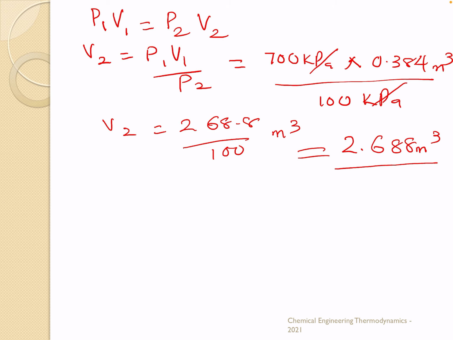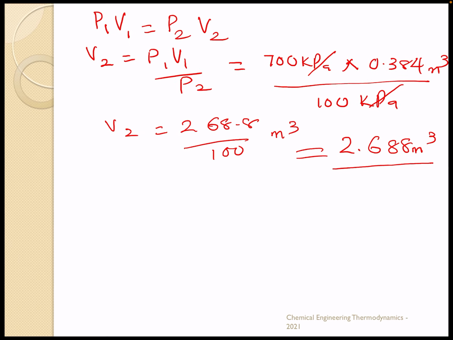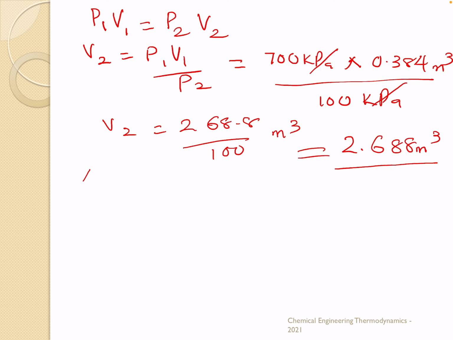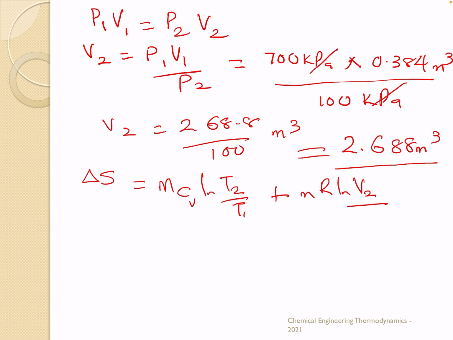Let me first write it out so that we don't have to be going back and forth. So remember, changing entropy equals mCv ln T2 over T1 plus mR ln V2 over V1. Recall for isothermal process, as we said earlier on, T1 equals T2.